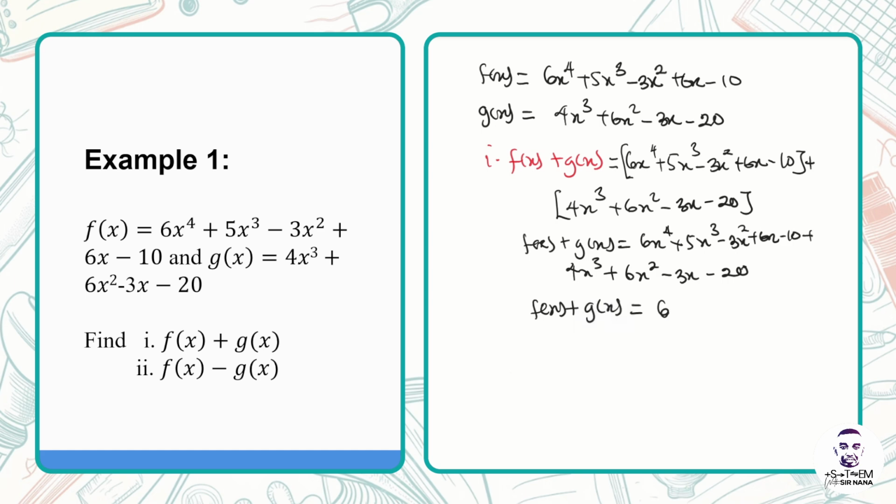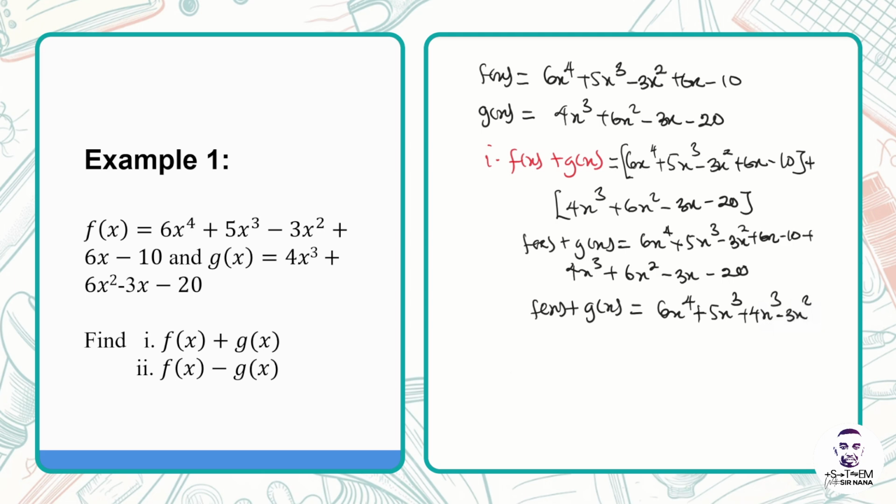So we have 6x raised to the power 4. It doesn't have any counterpart here. There's no x raised to the power 4 here. So we'll look to go to the cube. So plus 5x cubed, right? It means that we'll add that to what? 4x cubed. So plus 4x cubed, right? And then we are going to have minus 3x squared, right?